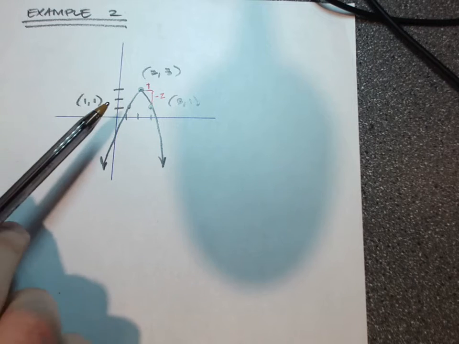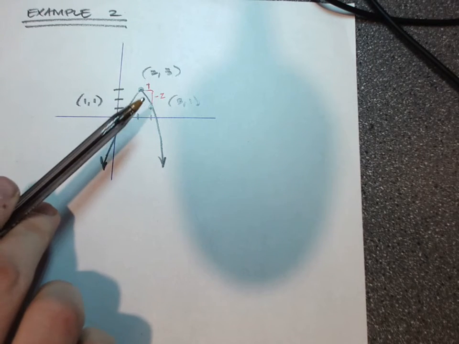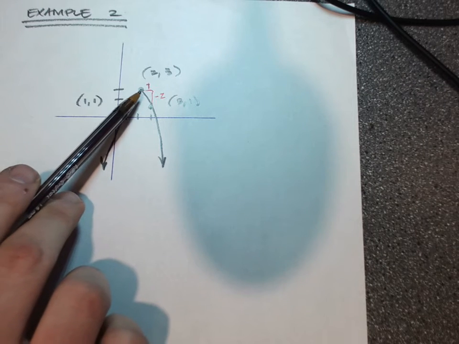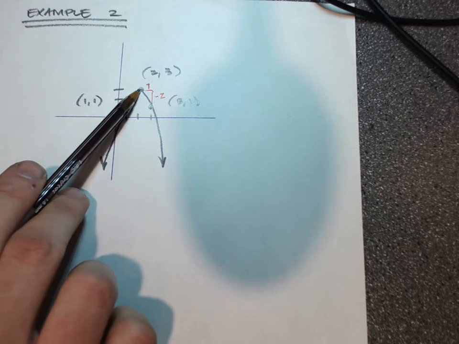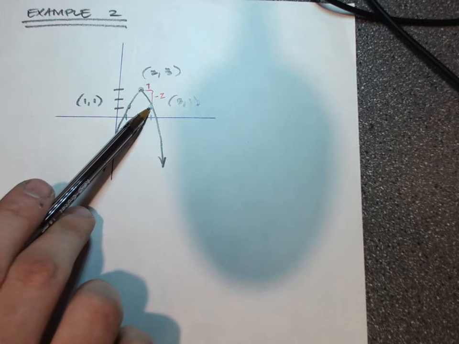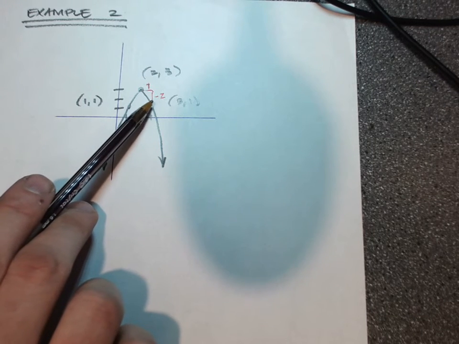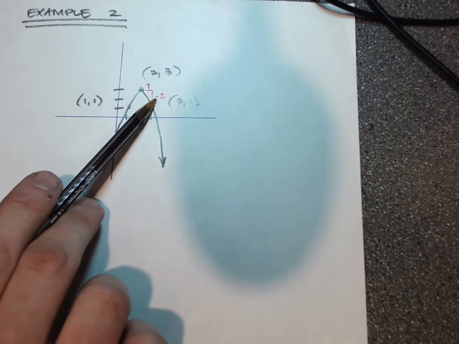We have now negatively doubled the point values from the previous parabola. Same vertex, but now we stretch down twice as far to get to the next point. And that's a factor of -2.